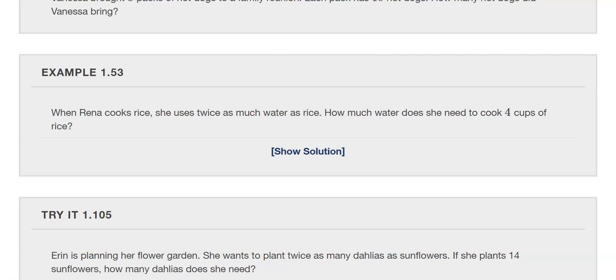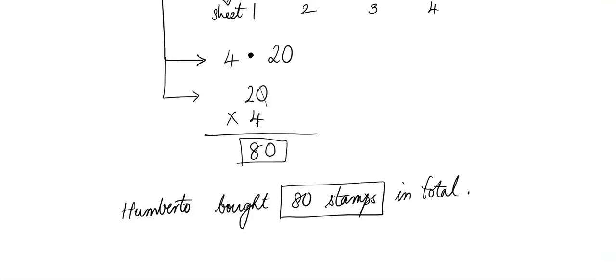So once you get the understanding from the first sentence, then you can come over here and begin to write it out in words and then translate it. So I'll say twice as much as 4 cups, right?